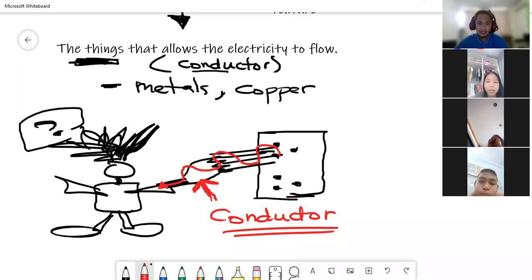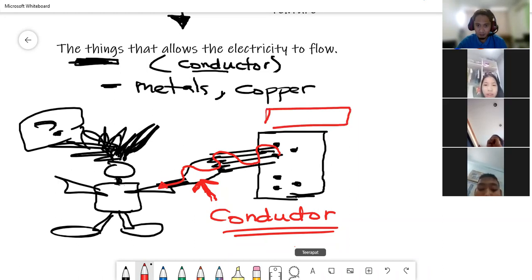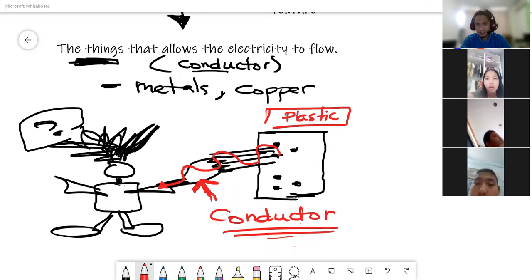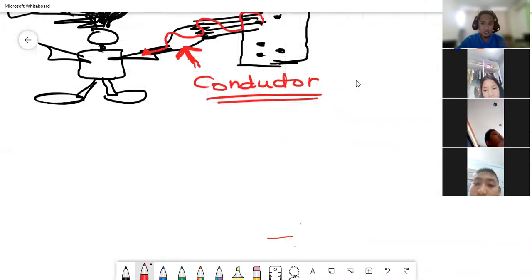Okay, now next, how about if that is a plastic? Plastics are insulators.